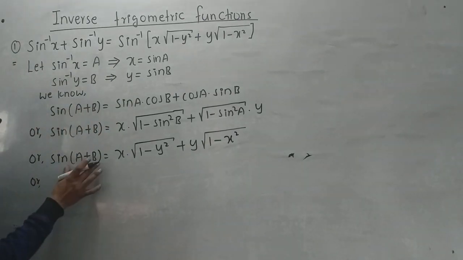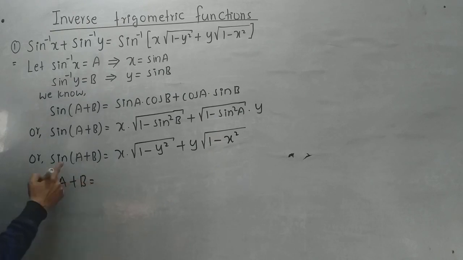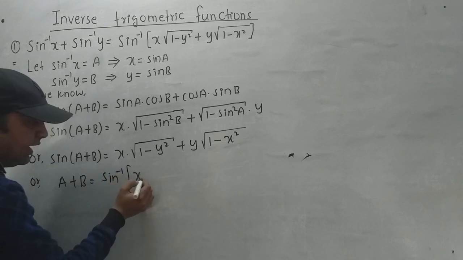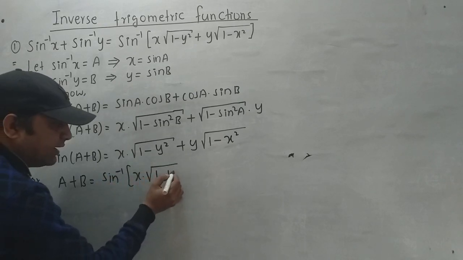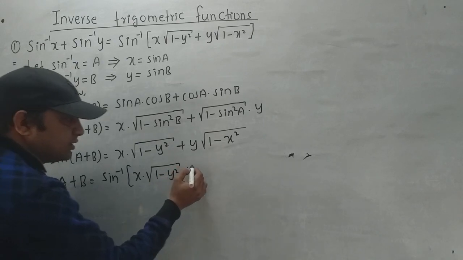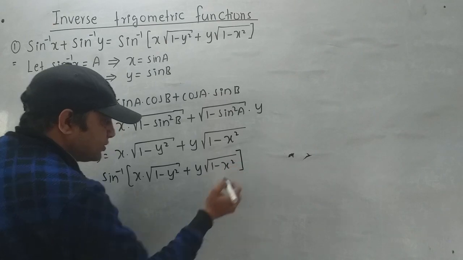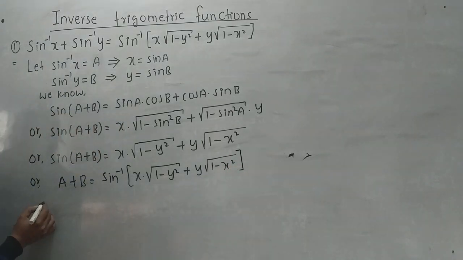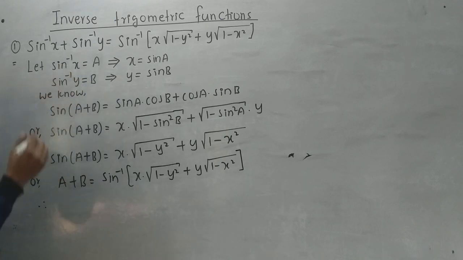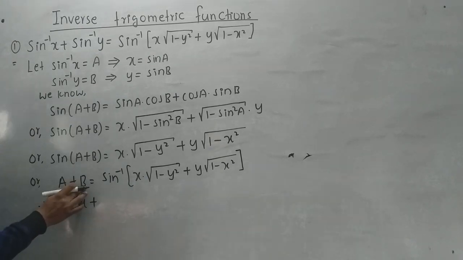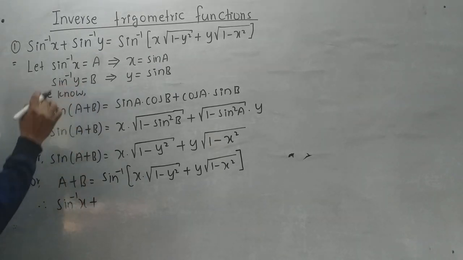You leave this A plus B just on the left-hand side. So A plus B, taking sine to the right-hand side, that will be sine inverse of x times under root of 1 minus y square plus y times under root of 1 minus x square. Now we are leading to the final conclusion. For this A you can write sine inverse x, and for this B you write sine inverse y.